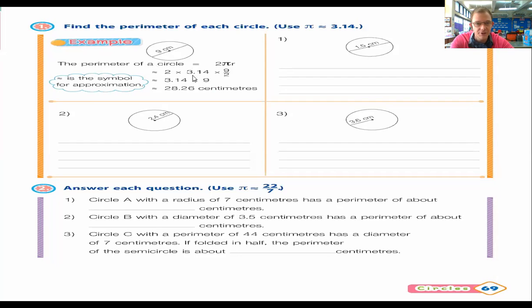So 2 times 3.14 times 9 divided by 2. Why do they say 9 divided by 2? Who can tell me? Why do they say 9 divided by 2 over here? Why not 9?